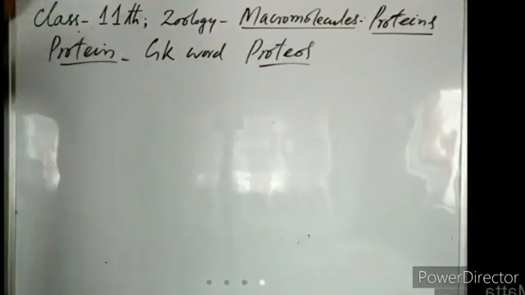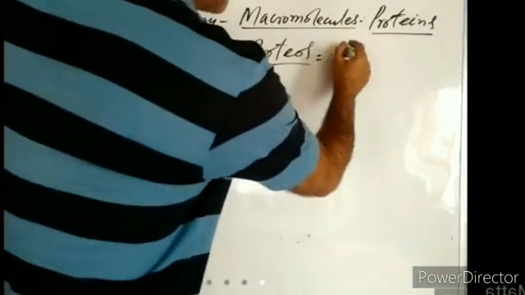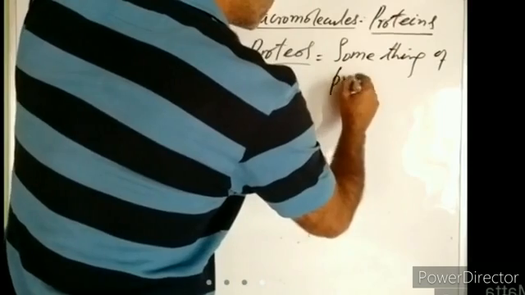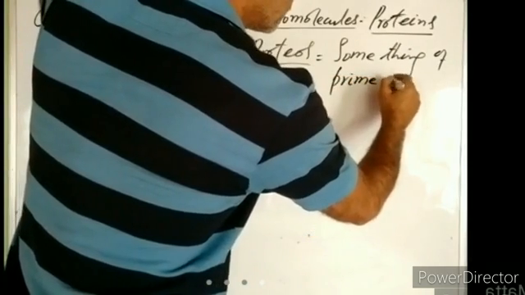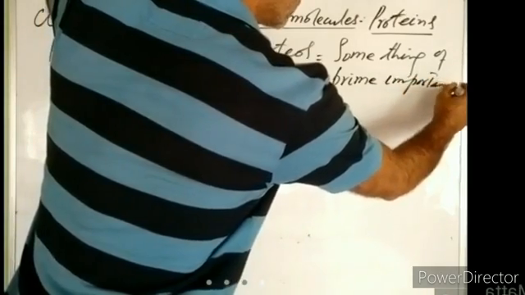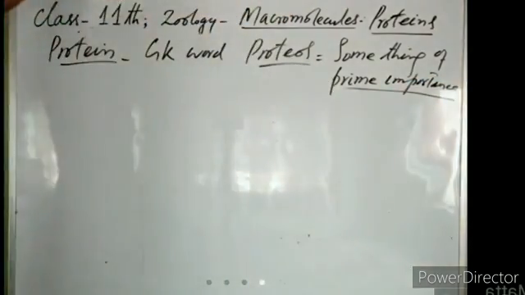Proteos means something of prime importance. So the word protein has been derived from the Greek word proteos, which means something which is very important, of utmost importance, right?